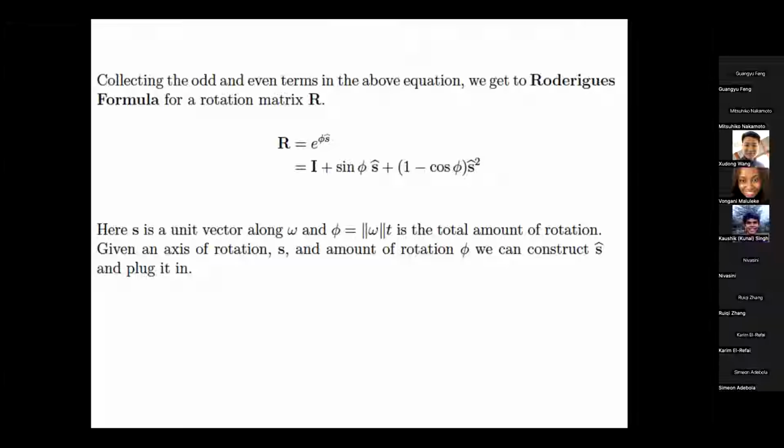That's given by this S hat. And then we rotate by an amount of time t, and now we get a full rotation matrix. And that rotation matrix is the exponential of phi S hat. And in fact, there is a fairly nice compact formula for it.